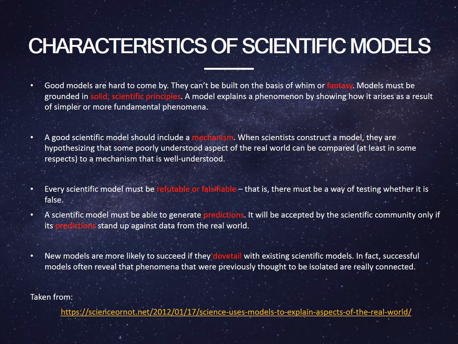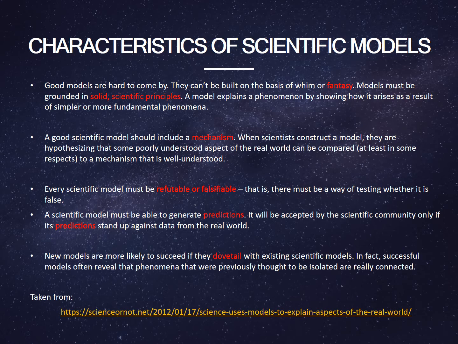A good scientific model should include a mechanism. When scientists construct a model, they are hypothesizing that some poorly understood aspect of the real world can be compared, at least in some respects, to a mechanism that is well understood.